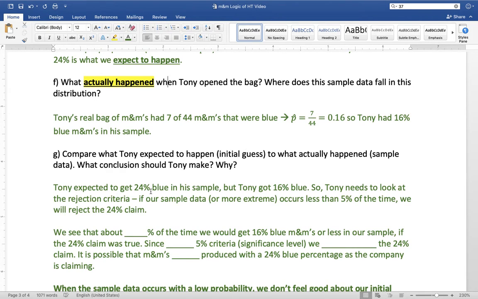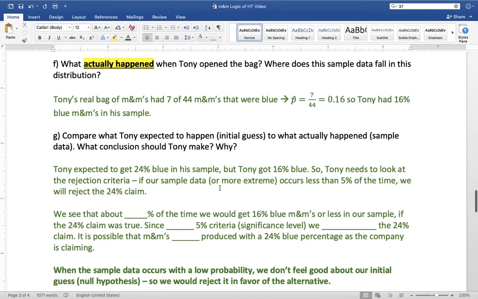Tony expected to get 24% blue in a sample, but only got 16% blue. So Tony needs to look at the rejection criteria that we established. Our criteria was if our sample data or more extreme occurs less than 5% of the time, we will reject the claim made by the company.